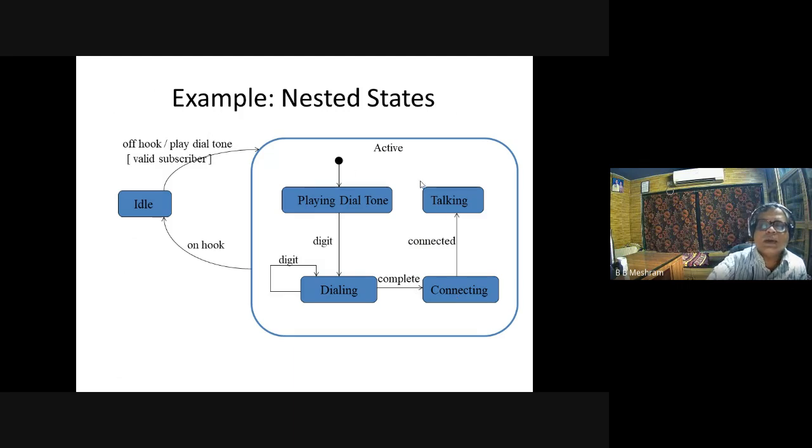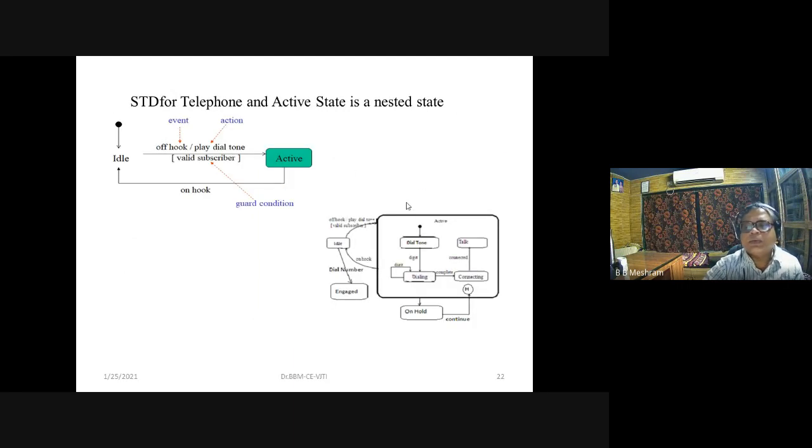So in this way, the active state is divided into dial tone, dialing, connecting, talk, and if you keep on hold, there is a history state H. It will keep the history of the event.